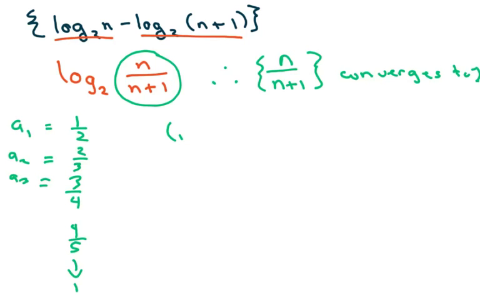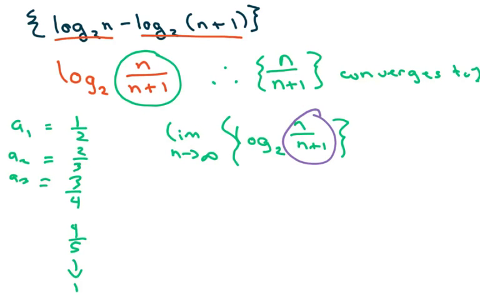With the limit, as n approaches infinity, of log base 2 of n over n plus 1, we know this equals 1, so that converges to 1. So we have log base 2 of 1. And if you evaluate this, that's going to equal 0, mainly because 2 to the 0 equals 1 if you rewrote it as an exponent. Okay, so our answer is 0.